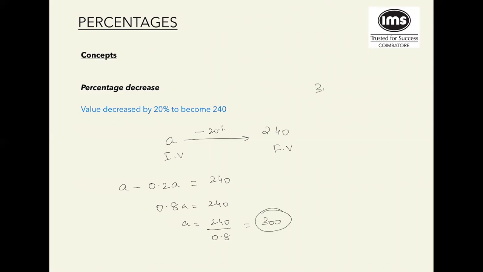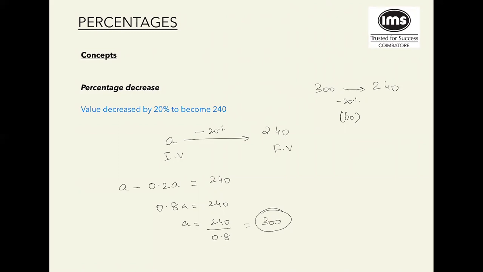So if we take 300 and reduce 20% from that, you will get 240. So you're reducing actually the value of 60 here. So this is how we calculate percentage increase and percentage decrease, and how we also simplify calculation of percentages.